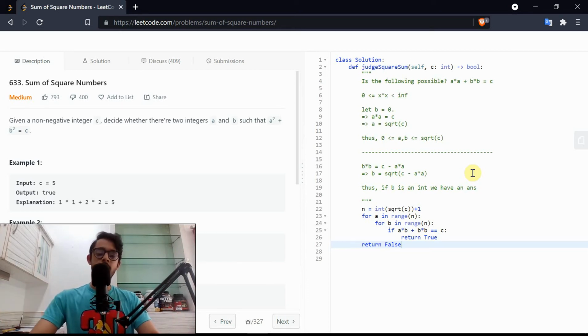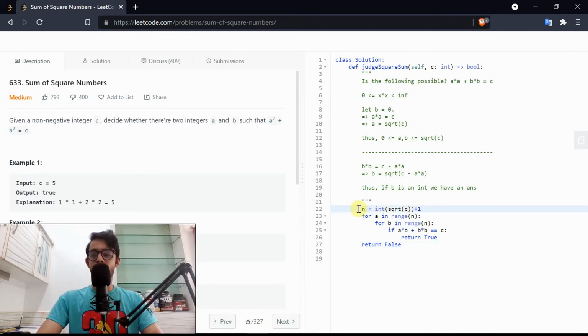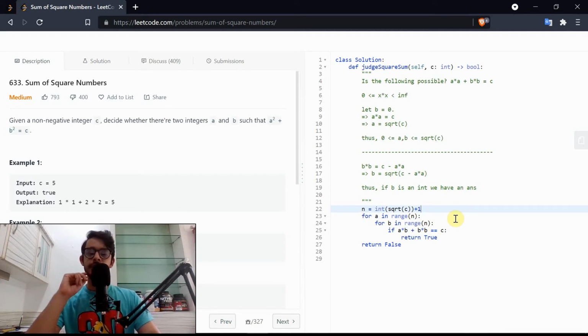One thing we want to also discuss is the space-time complexities. The space complexity is rather easy and trivial since we are only ever storing this n variable, which means that the space complexity is order of 1. What about time complexity?